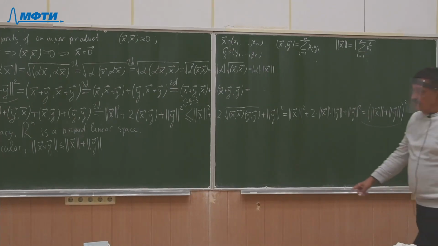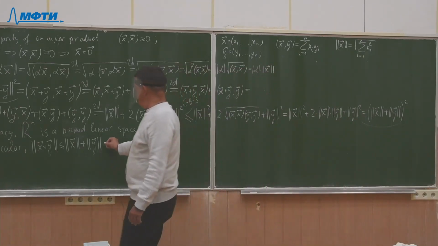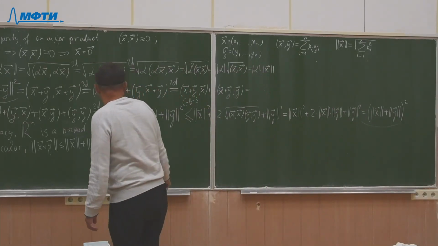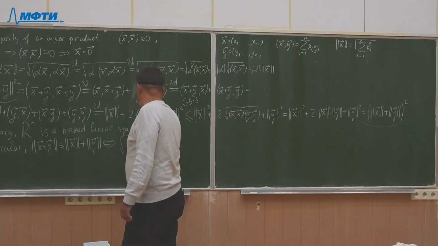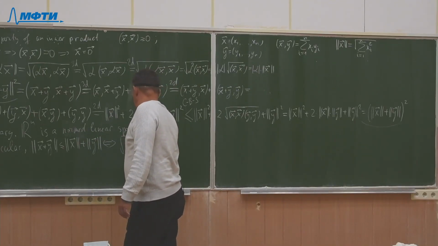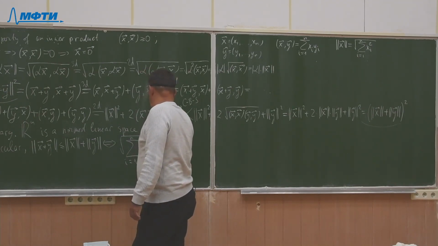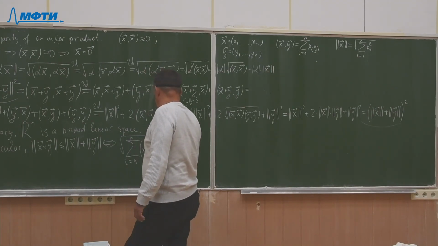And then what is this inequality? Let me write it. So we can write like that: the square root of the sum of (xi plus yi) squared.